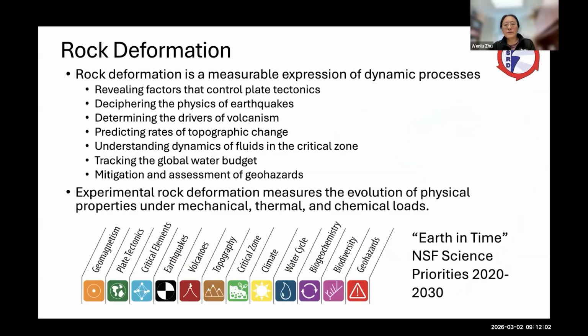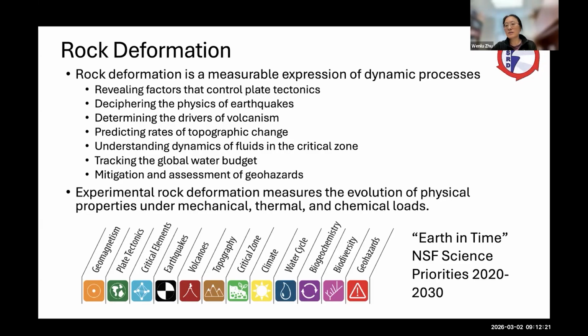I would first talk about what rock deformation is. We know that for rocky planets like Earth, dynamic processes are really important, and they leave a print on rocks and cause the rock to deform.